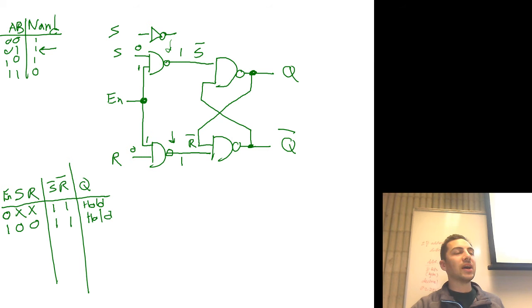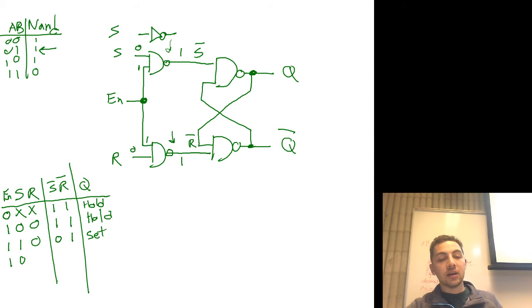So there's a couple of ways to get into a hold state. Finally, we can get to the other combinations. If I put in enable high, S as 1, R as 0, again, I'm gating things. So S bar is 0, R bar is 1. So effectively, we've gone into our set state.